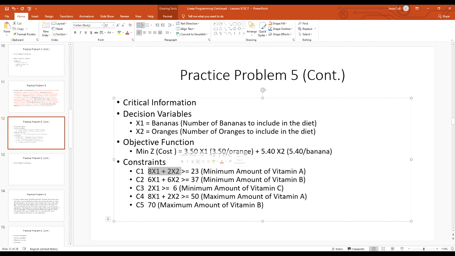It must be more than 23. But how much vitamin A we are getting must also be less than or equal to 50. More than 23, less than 50. We repeat that one more time here. And it's less than or equal to 70.